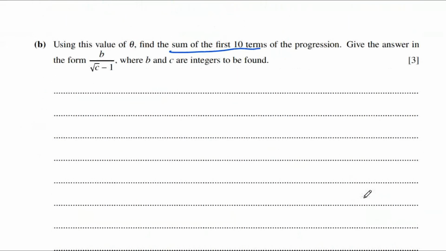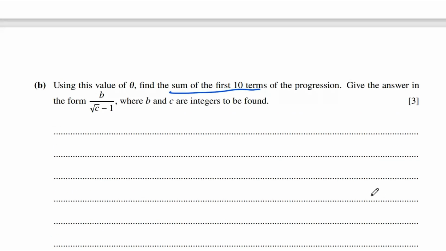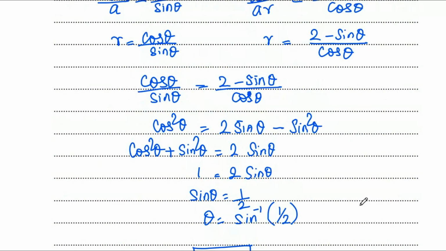The sum of the first n terms is S n equal to A multiplied by 1 minus R power n divided by 1 minus R. Before that let's find out what the value of R is. We know R is cos theta divided by sin theta. You can take any one expression.